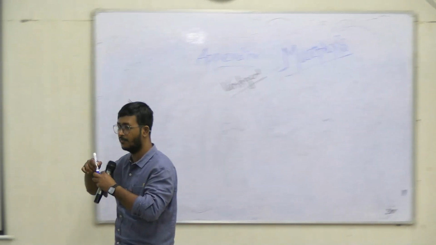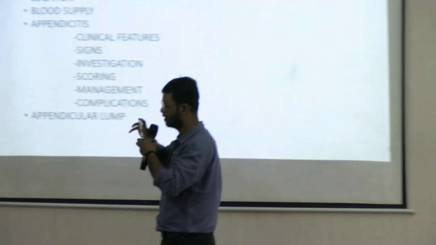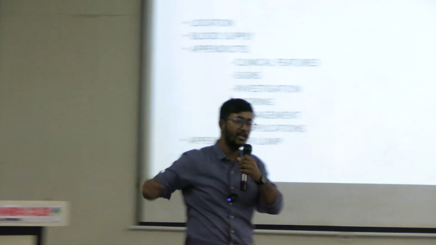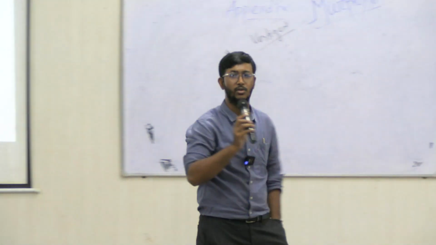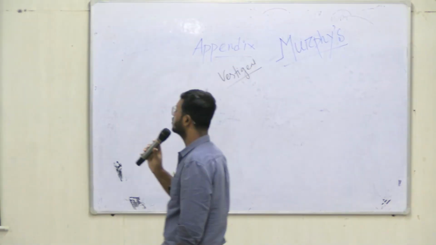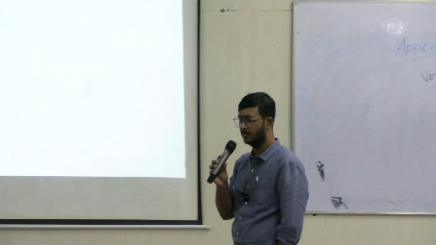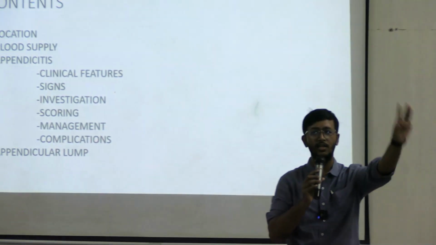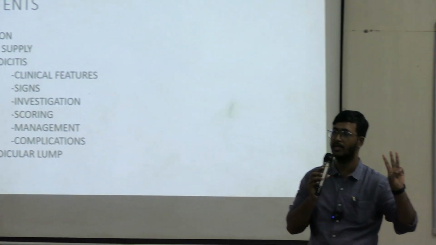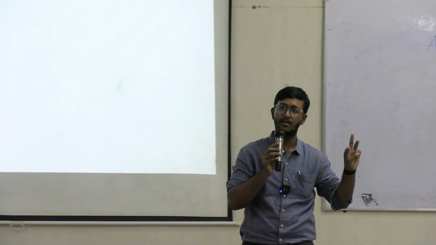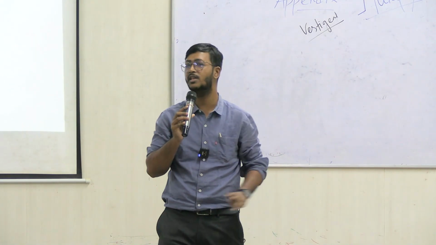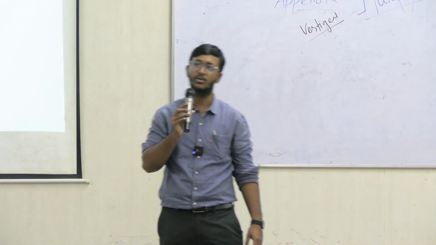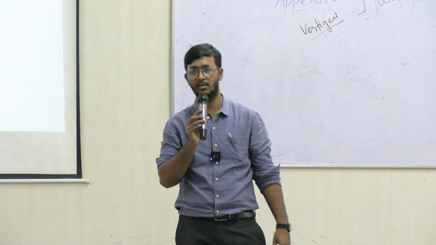Basically, Murphy's triad comprises three cardinal features. One is pain, another one is nausea and vomiting, another one is fever. These are the three main cardinal features that comprise Murphy's triad.